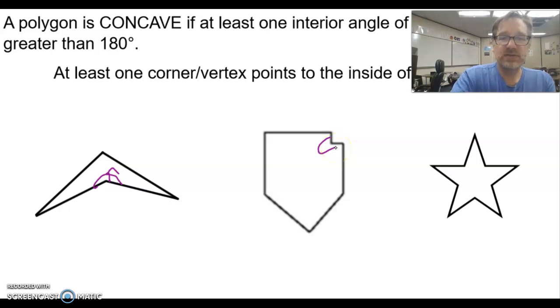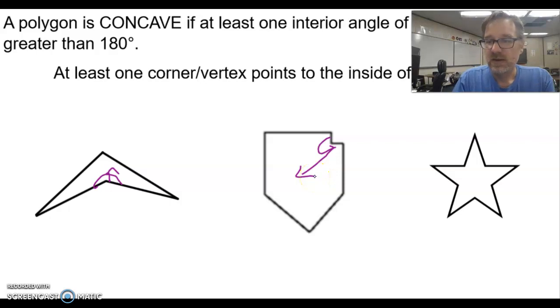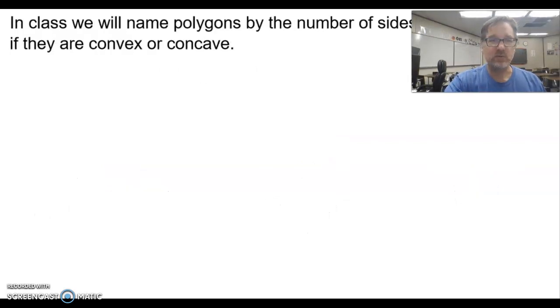How do I know it's greater than 180? Because this angle points in. Now remember, I said at least one. That means more than one. And if you notice, this angle points in, this angle points in, this angle, and that angle all point in. Those shapes are what we call concave. So concave means at least one of the angles points in or is greater than 180.